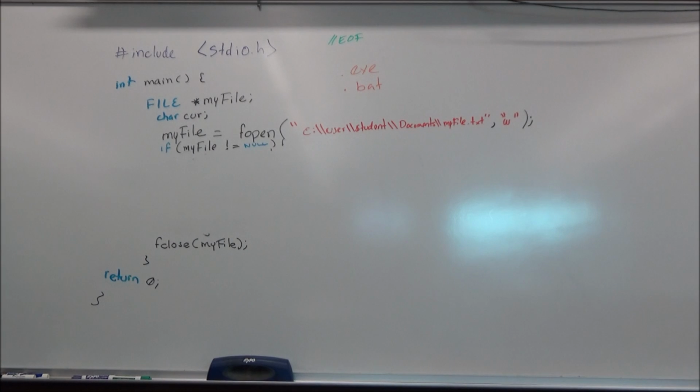So if we use the scanf to read, what do we use to display on the screen? So what do you think is going to be for a file? Yeah, just add the printf.